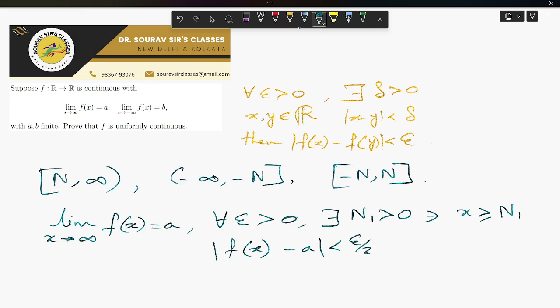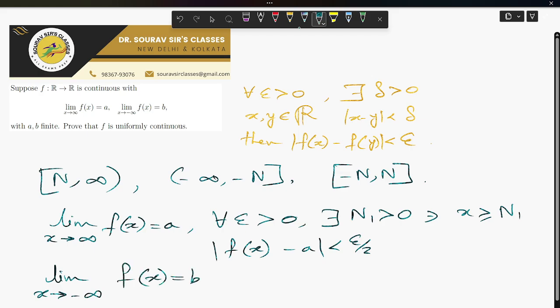Similarly, the same thing happens for limit as x tends to minus infinity of f(x) equals b.